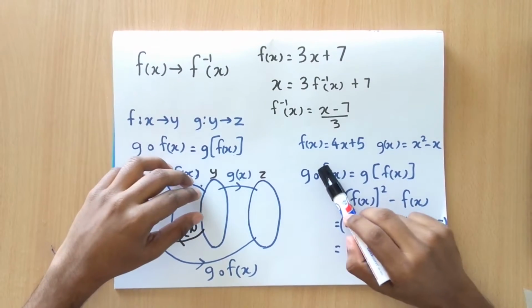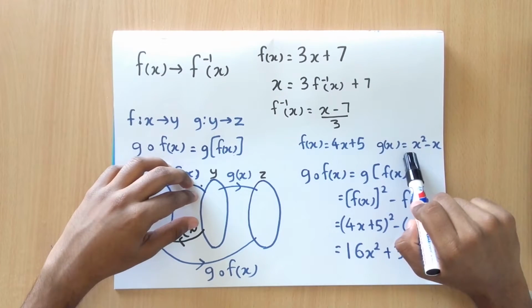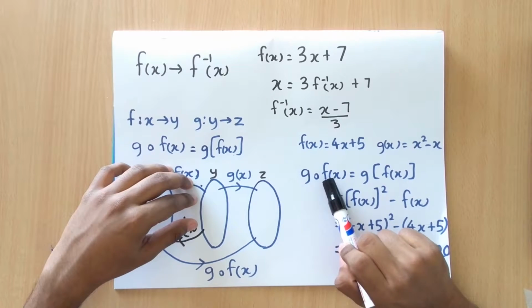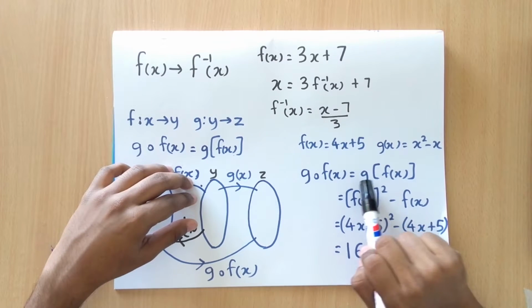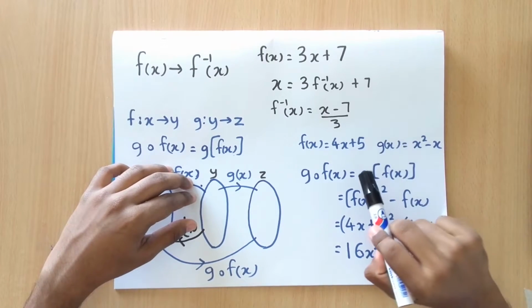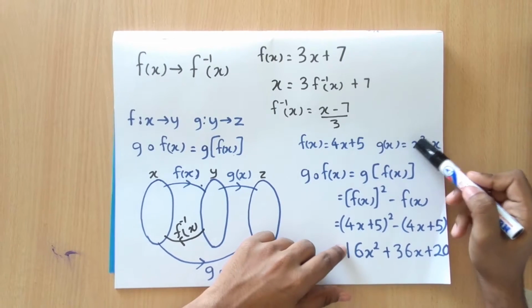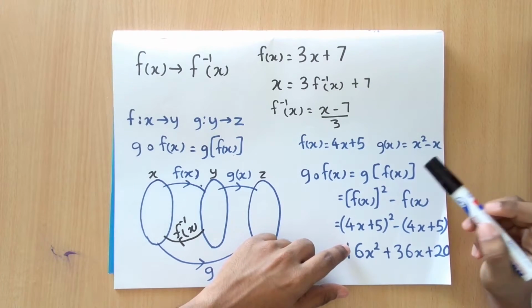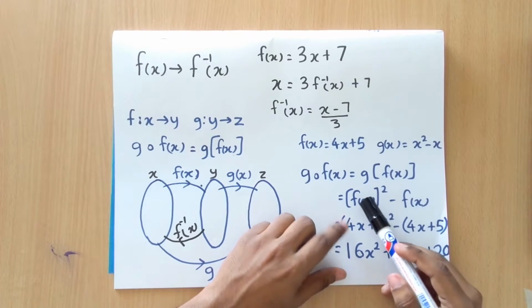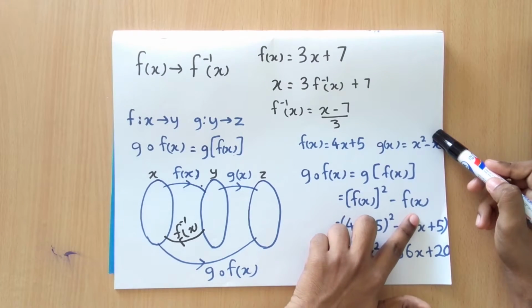Consider these two functions, f(x) equals 4x plus 5 and g(x) equals x squared minus x. So g of f of x can be written as g and f(x) in brackets. So what we do is, in this formula g(x) equals x squared minus x, we substitute f(x) instead of x. So that would be f(x) squared minus f(x).